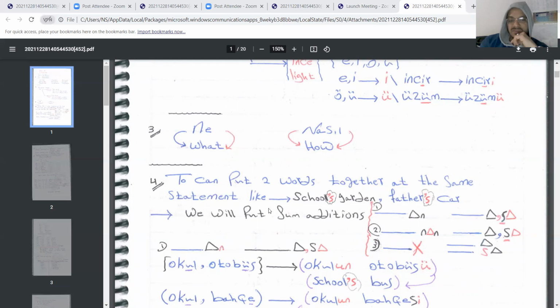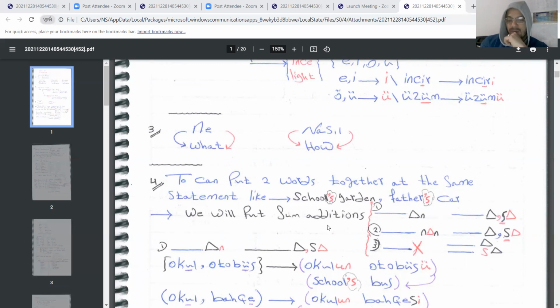In a statement like school's garden, we will put some endings to act like the possessive s in English to form a phrase from these two words: school's garden, school's bus, father's book, father's car, many words like that.